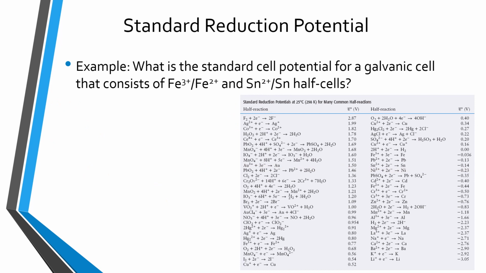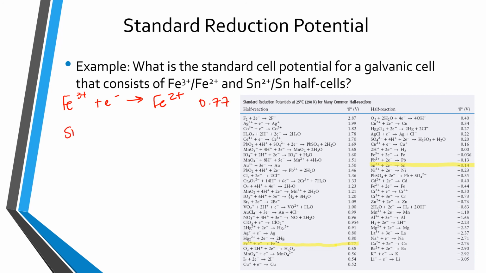Okay, one more example. This time I have iron 3+ to iron 2+. So again, we got to make sure we get the correct one. And then we have tin 2+ to tin. All right. So now I'm going to write down my 2 reactions. So I have Fe3+ plus an electron makes Fe2+, and its voltage is 0.77.